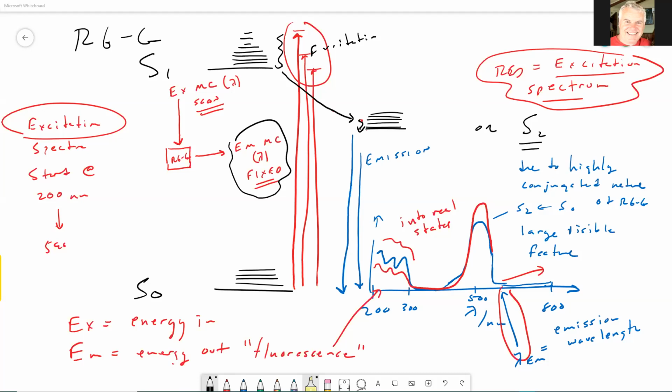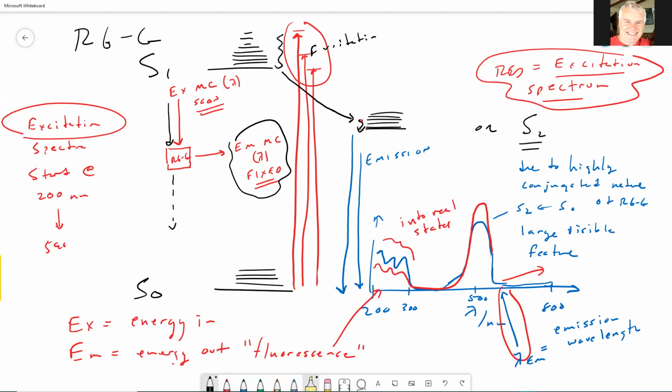Exactly right. So the photon comes in, interacts with the molecule, and there's two ways to look at this. Either you can monitor the amount of light that's lost, so the light comes in here, and then some of that light is lost as a function of wavelength coming out.